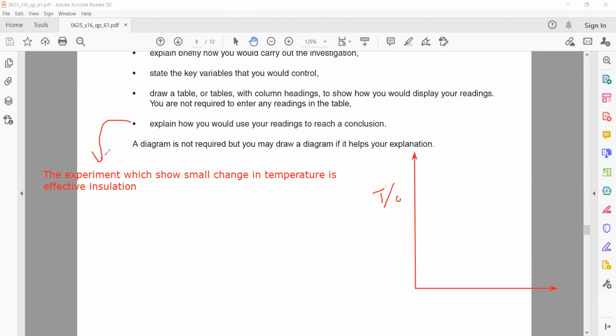I will write the statement for this. So plot a graph for temperature and time. First he said to draw a table, and now we will draw a graph. I'm answering the last part: explain how would you use your reading to reach the conclusion.